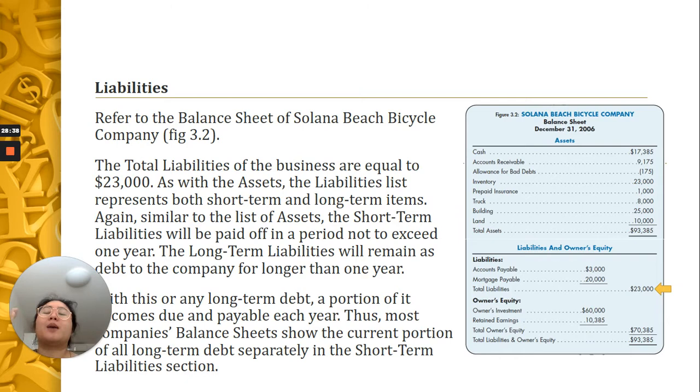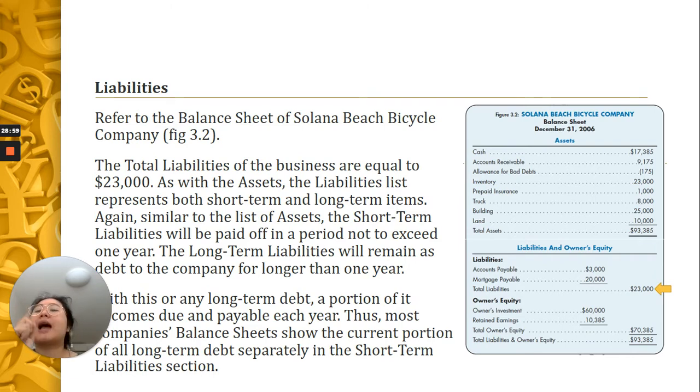The next one is about liabilities. Assets have two types: short-term or current assets, and long-term or non-current assets. The second topic is liabilities.